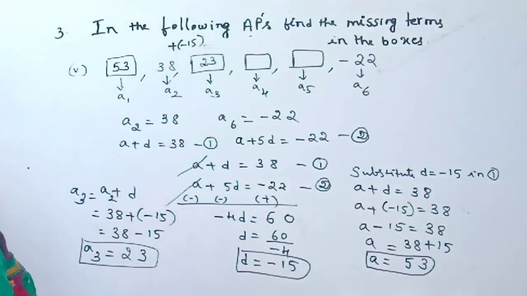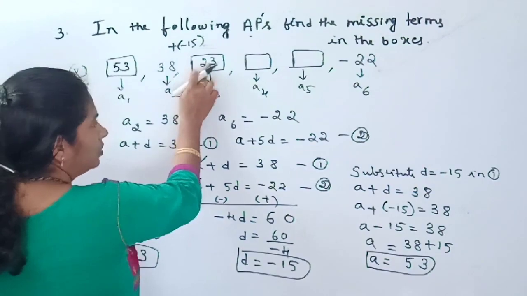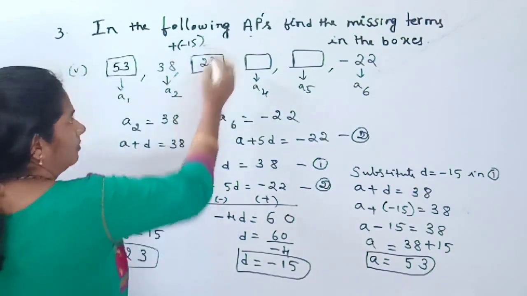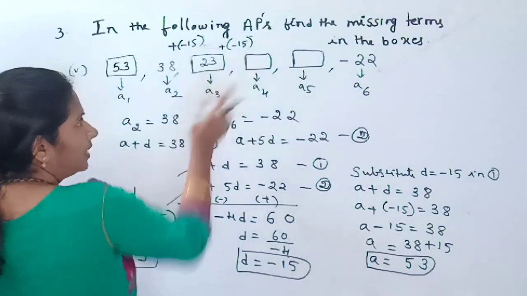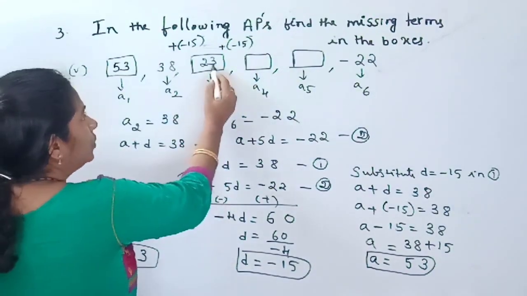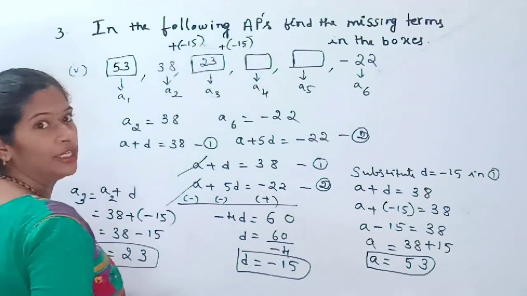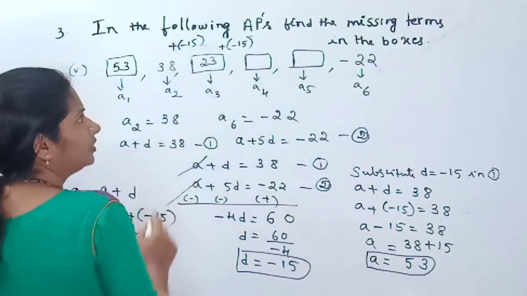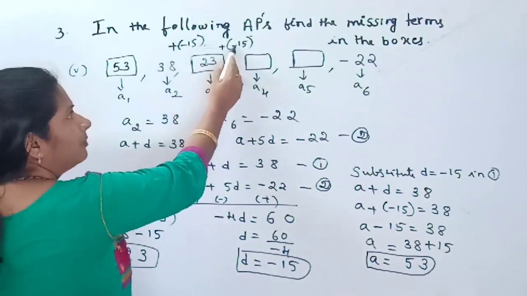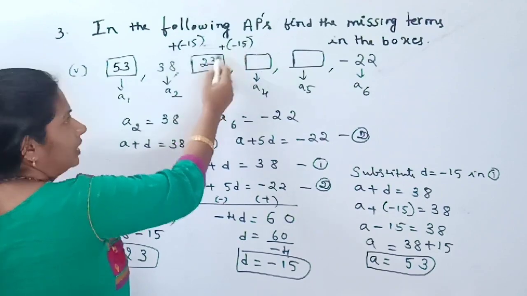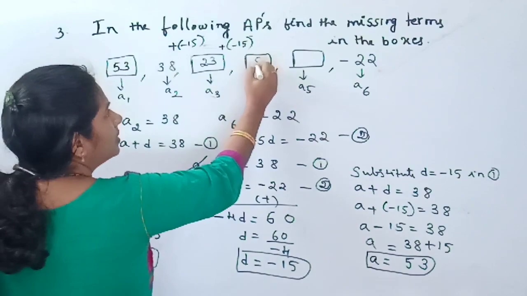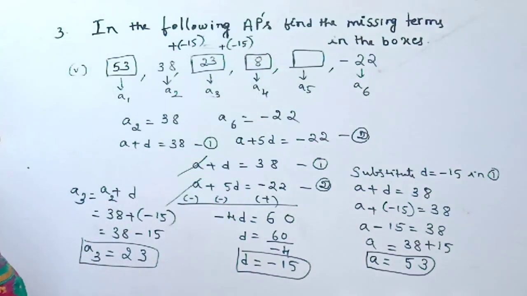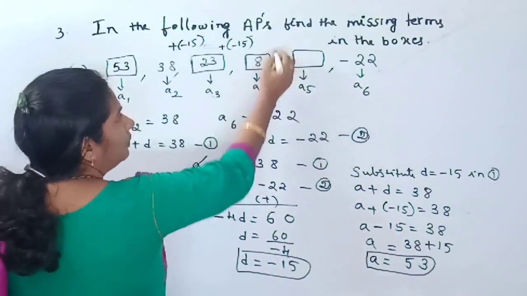Is it clear? Next, add the common difference to third term, you will be getting fourth term. So 23 minus 15 you do, you will get fourth term. So 23 plus of minus 15. How much, children? It is 8. Is it clear? Next, how will you find out fifth term?